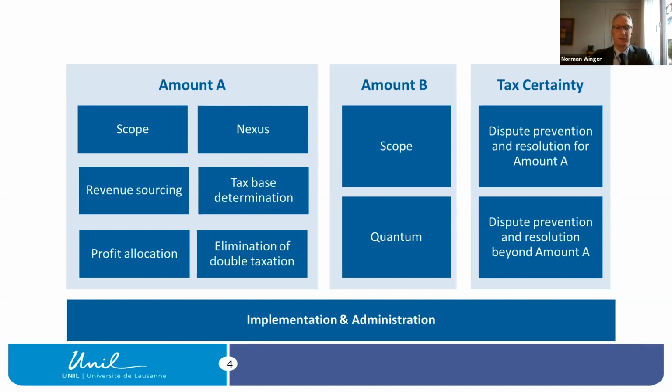And there in particular the tax certainty beyond Amount A, because such a transfer pricing adjustment could relate to regular transfer pricing issues. And if tax certainty is addressed for these transfer pricing adjustments, then they do not need to be taken into consideration retroactively for the Amount A calculation, which would be very hard to open up.